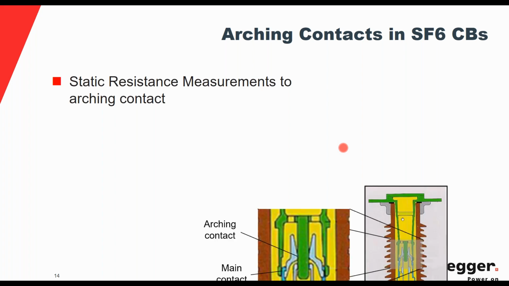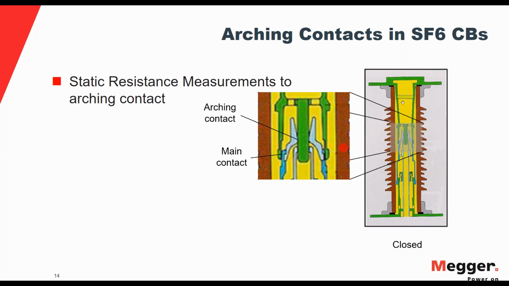If you took a cross-sectional picture of an SF6 circuit breaker, whether it's a GIS or even a live tank circuit breaker, you will find the contact system is actually made of two parts. You will have a main contact around the interrupter, and an arcing contact in the middle.